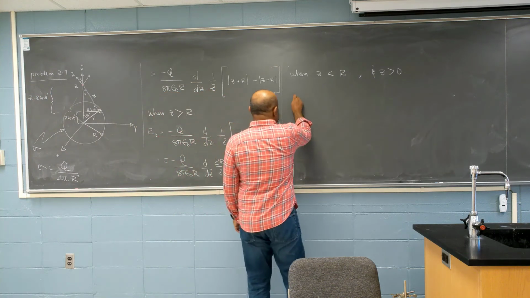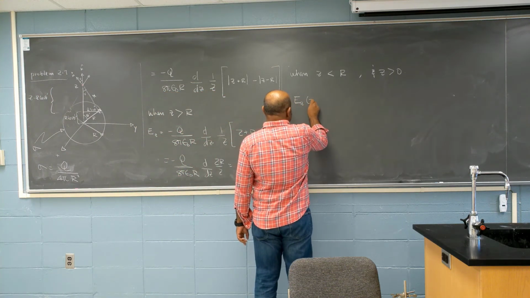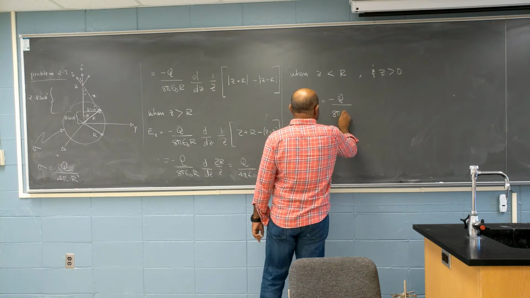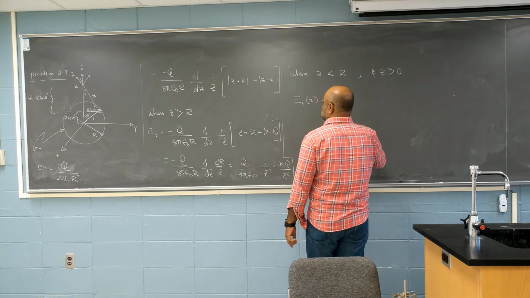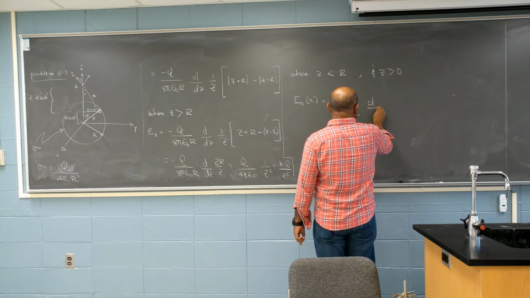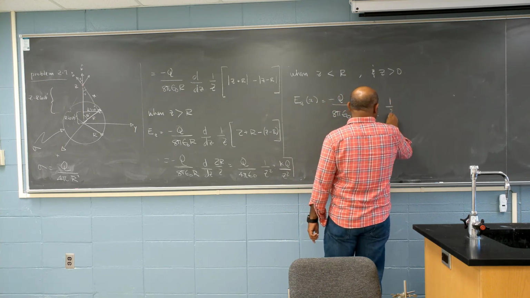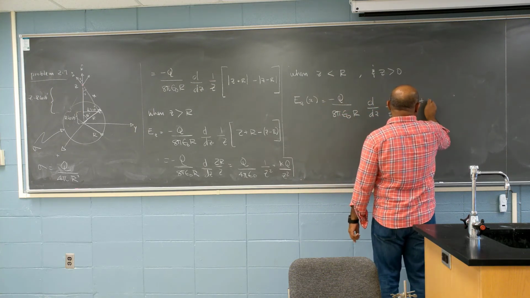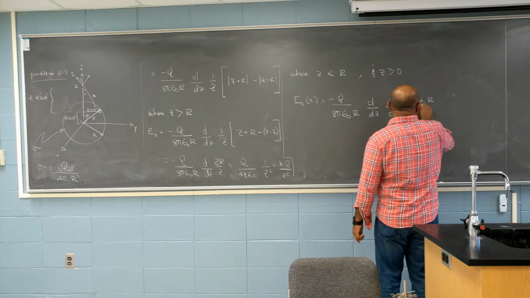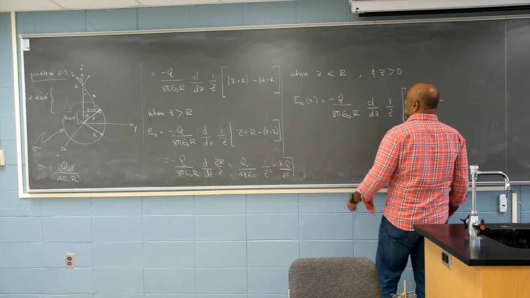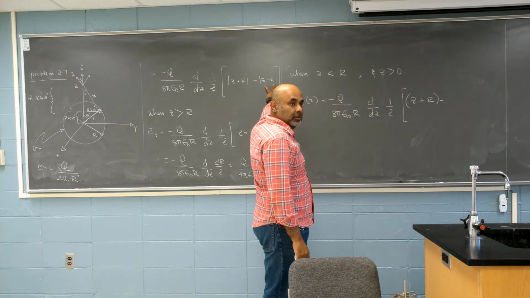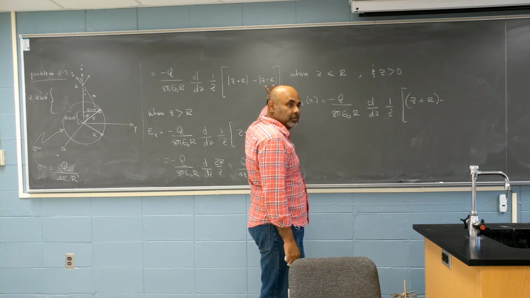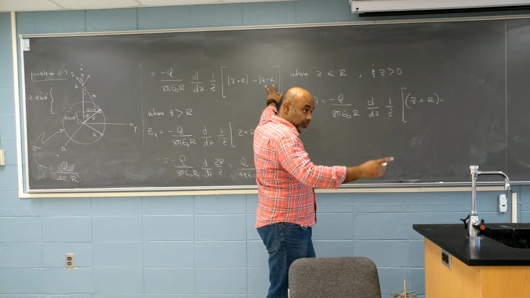So in that case, please make sure I'm copying down z plus R, z plus R, minus... z is less than R. So what's the absolute value? R minus z.